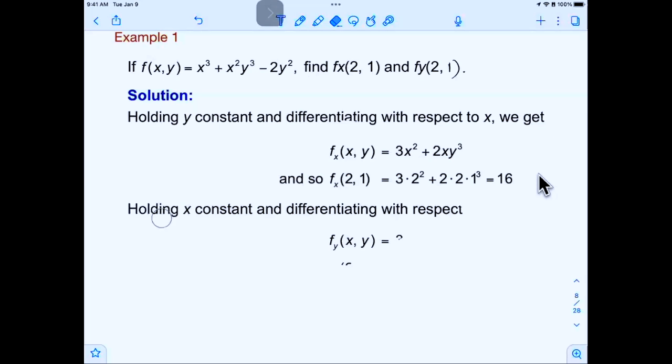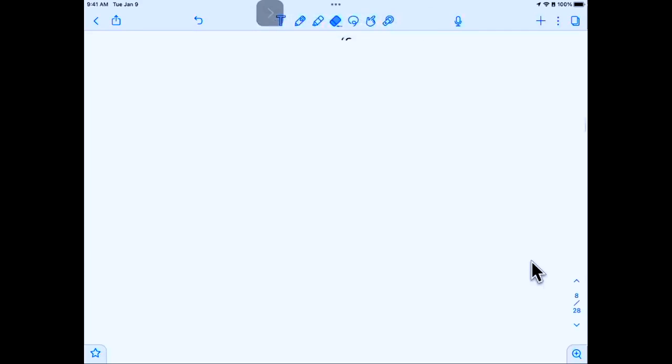Anyway, my screen just froze. Is the Wi-Fi good?